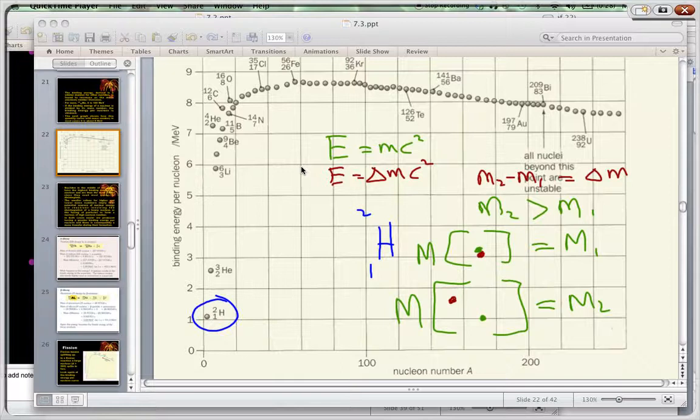That energy value corresponds to the binding energy for those nucleons. Now here, this is the binding energy per nucleon.